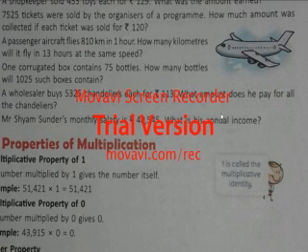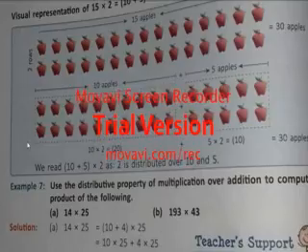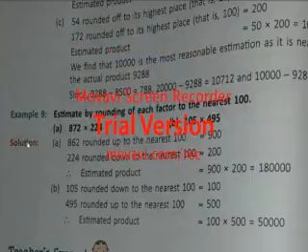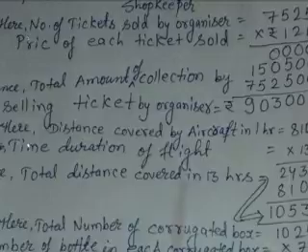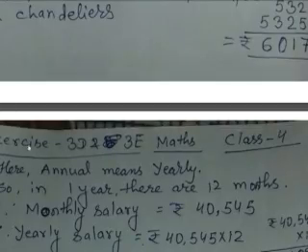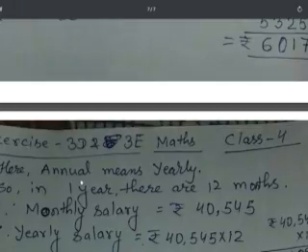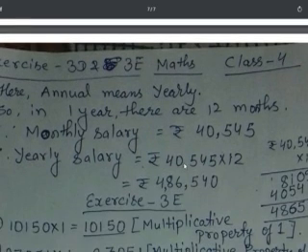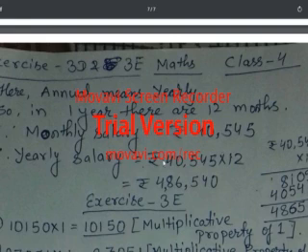You can see over here, on the second page, annual income means yearly. So in 1 year there are 12 months. Monthly salary is equal to rupees 40,545, yearly salary is equal to rupees 40,545 into 12.